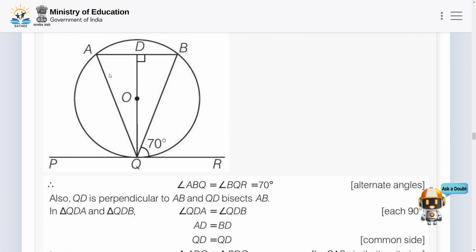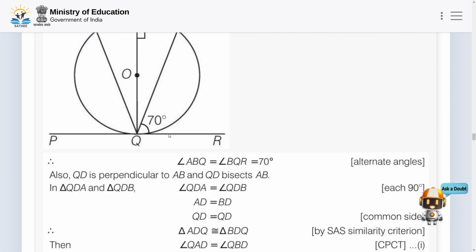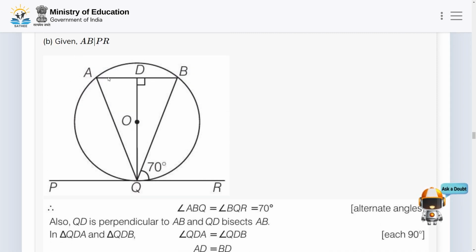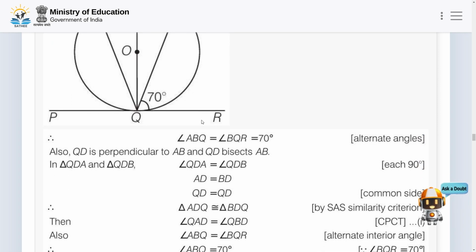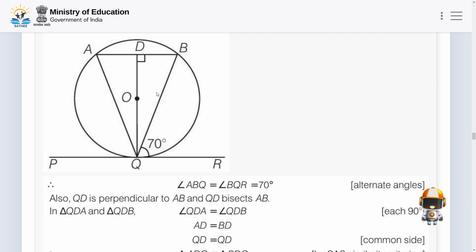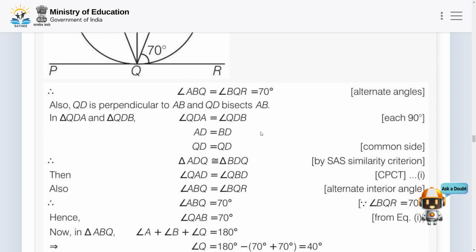So in triangle ADQ and triangle QDB, angle QDA is equal to angle QDB, each 90 degrees, and AD is equal to BD, since QD bisects the chord AB, and QD is equal to QD, their common side.